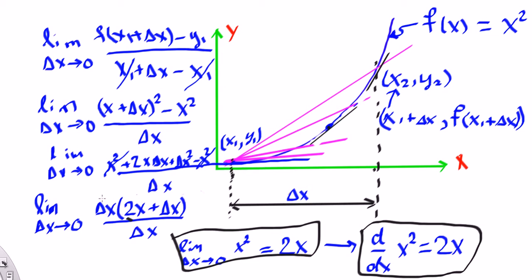Final step is factoring out the delta x. I have delta x here and I have it here squared as well, so what I'm going to do is factor it out.